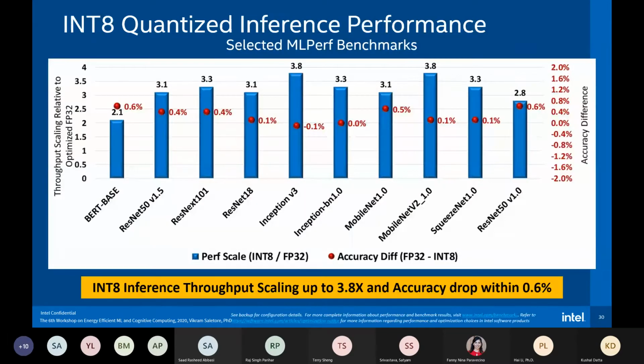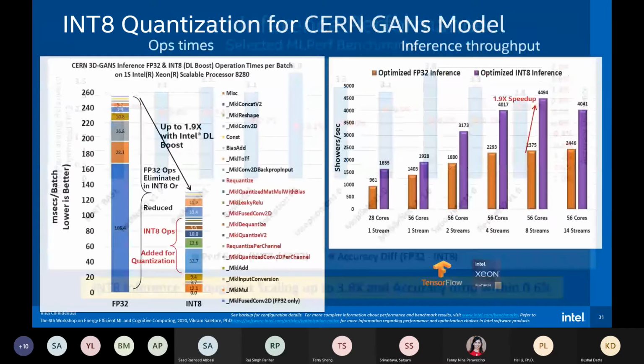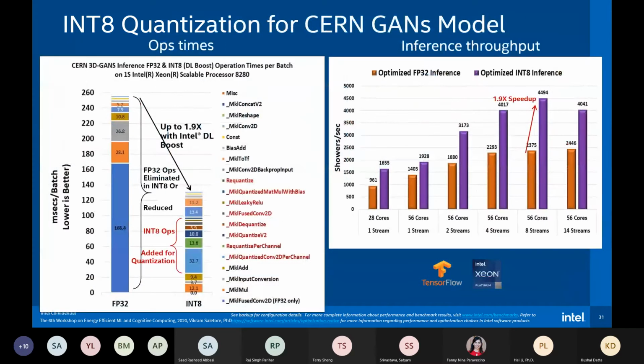So what do we see? This is just some selected ML benchmarks. I think Raghu was saying at least 2x, but we are actually seeing in the range of 3x, up to 3.8x, within a 0.6% drop in accuracy. We used this tool to do our work on the CERN GANs model.